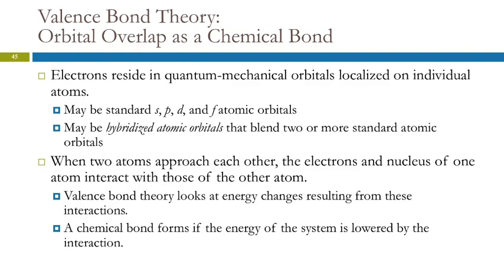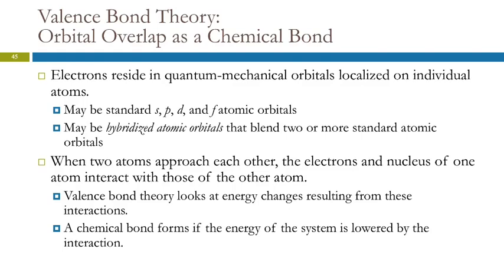We can hybridize atomic orbitals, taking different types of orbitals like S and P orbitals and hybridizing them, blending them into new atomic orbitals. Valence bond theory treats chemical bonds as being the overlap of orbitals.